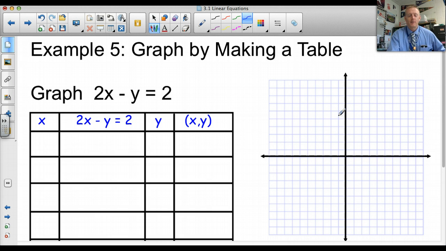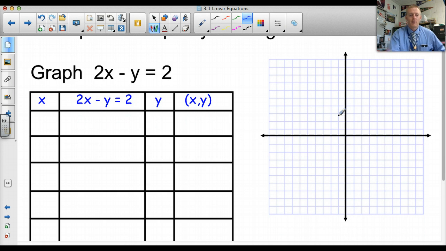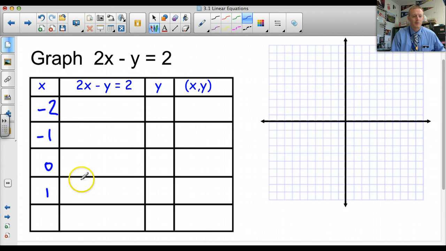The other process that we can use for graphing is to make a table. So we just plug the numbers in. I plug in negative 2, negative 1, 0, 1, and 2, just because those are going to be the smallest 5 numbers that I can choose. And I just plug them in. 2 times negative 2 minus y equals 2.